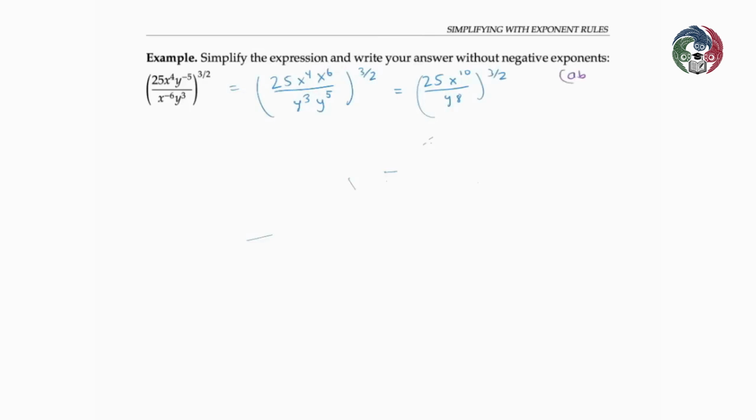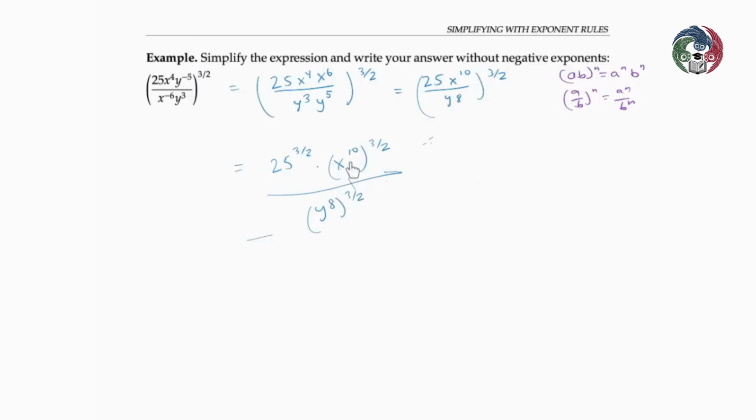Recall that we're allowed to distribute an exponent across a product or across a quotient. When I distribute my 3/2 power, I get 25 to the 3/2 times x to the 10th to the 3/2 divided by y to the 8th to the 3/2.